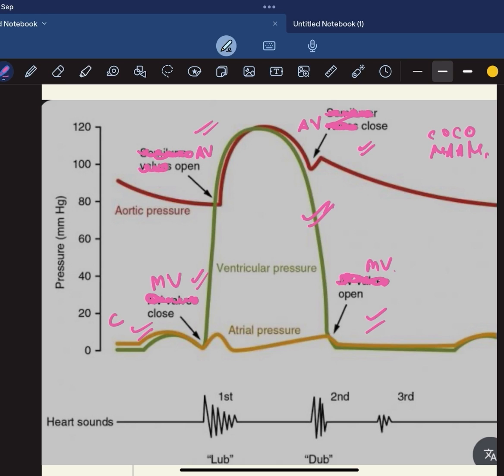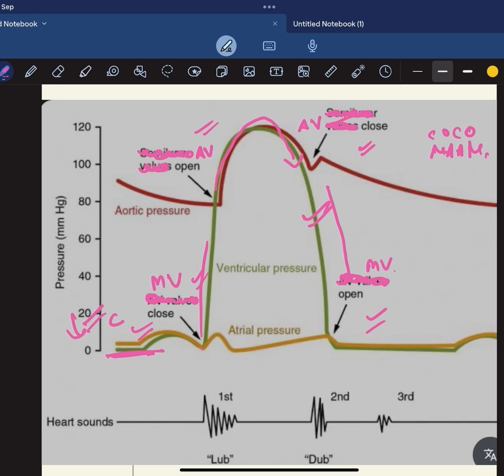This is the left ventricle pressure graph, which is fluctuating a lot. The pressure increases during the contraction, then it relaxes and moves below 20. And this is the left atrial pressure, which is below 20.